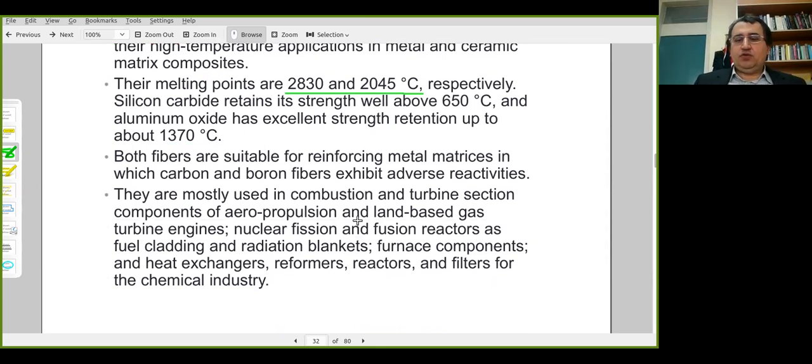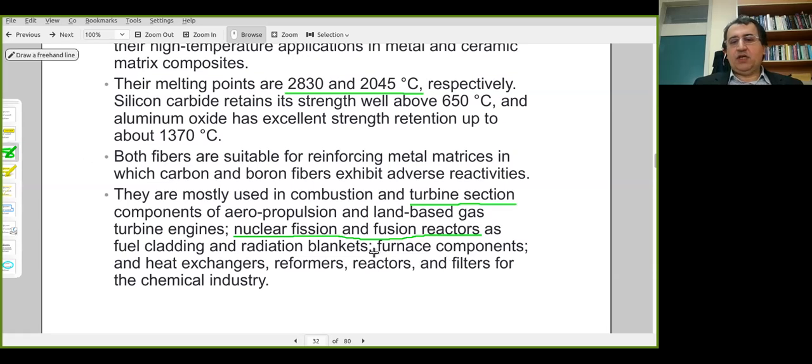They can be used to produce metal ceramic composites, for example, for high temperature applications. This could be turbine components, gas turbine engines. They are used commonly in nuclear fission reactors.